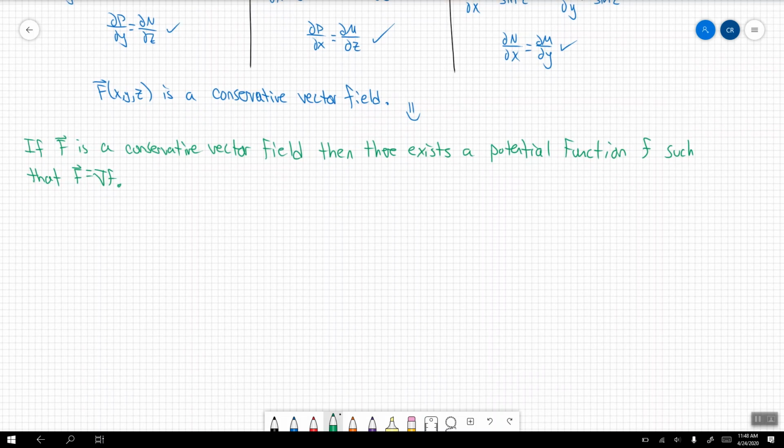Because if these are equal to one another, then let's see what's going to happen. All right, so I want to start by defining my vector field. So let's let F equal P in the i direction plus Q in the j direction, and let this be a conservative vector field.